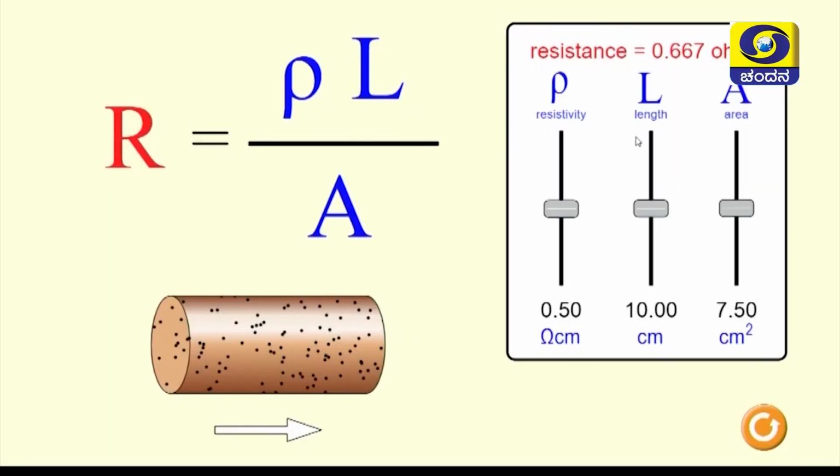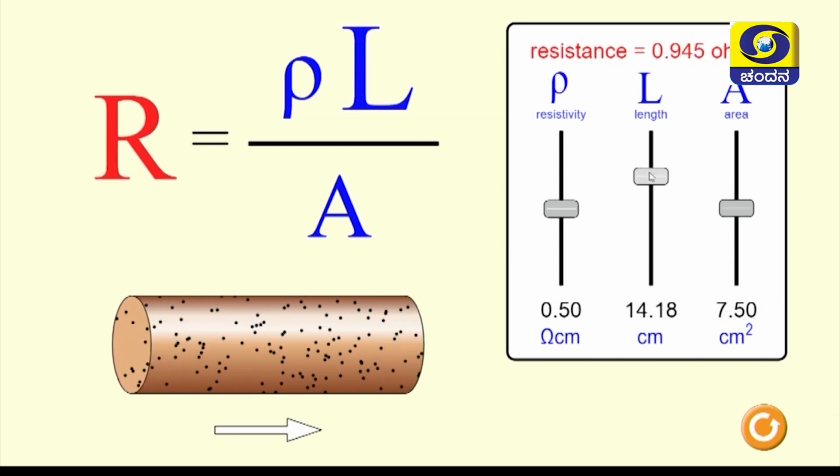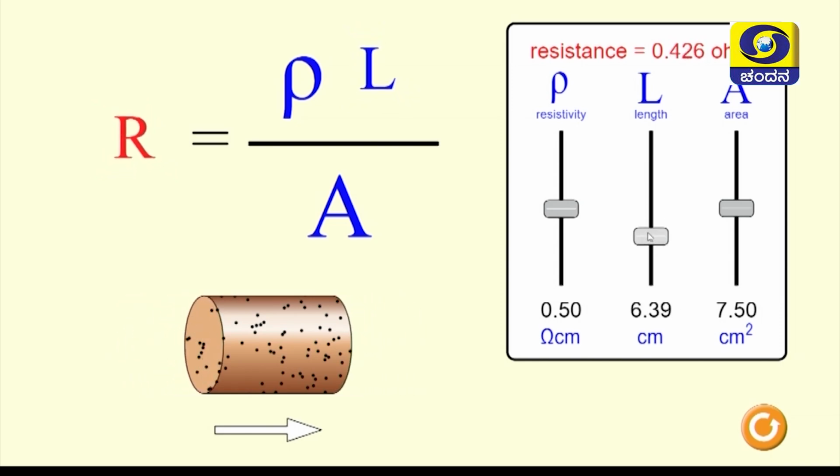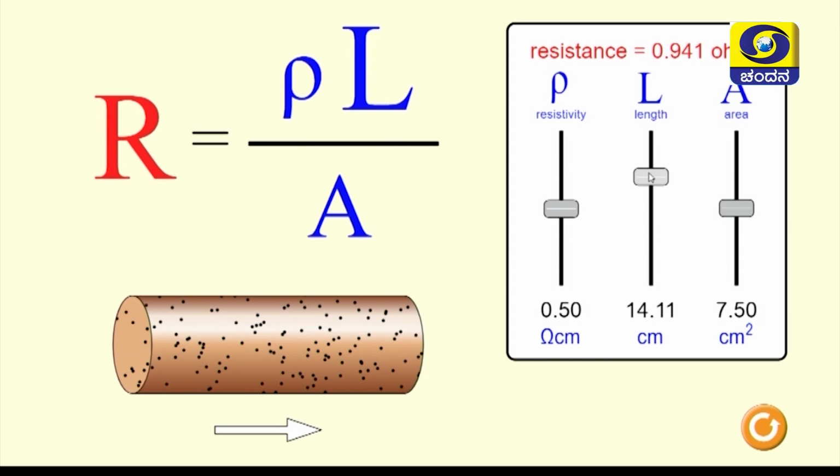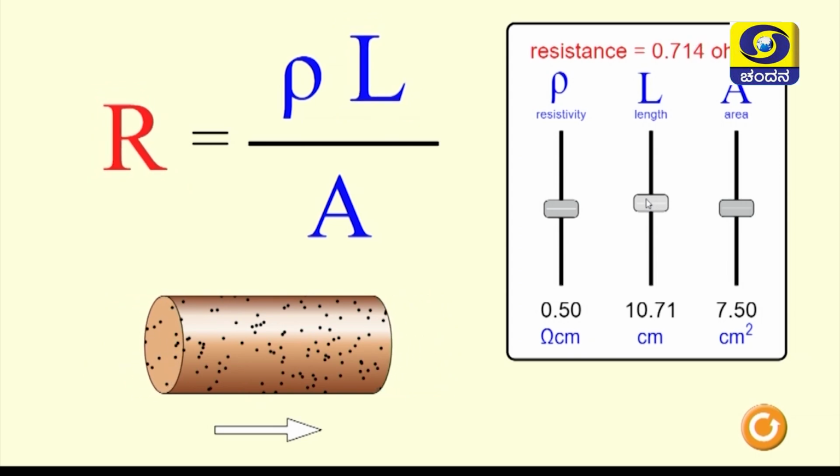Children, this is an activity to verify the impact of area of cross section on the resistance of a conducting wire. Initially we learned that when we vary the length of the conducting wire, the resistance increases with length. Now, what will happen with the area of cross section, that is the thickness of the wire?